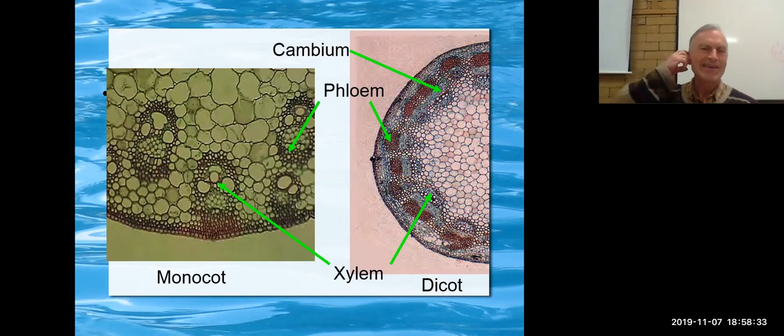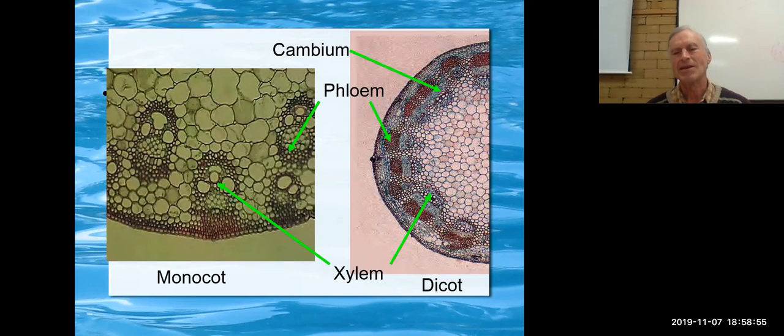So there's another thing on here. There's the cambium. And cambium is another type of meristem where the cells are dividing and growing. And a dicot has a cambium, a monocot does not.